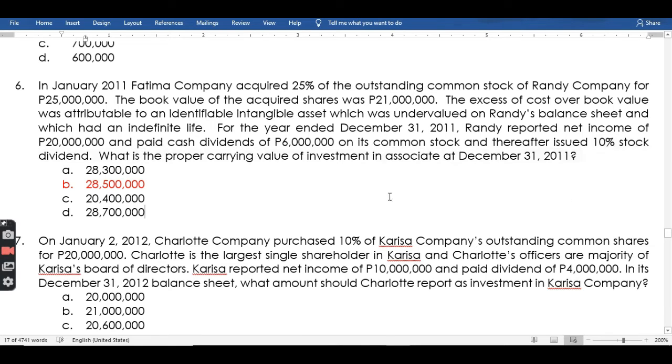Baka iniisip mo, di ba 10% yan sir, di dapat naging 35 na to. Hindi. Kasi kung 10% yan, lahat nabigyan ng 10%. So ibig sabihin, kung ano yung increase ng sayo, yun din yung increase ng ibang shareholder. So babalik ka pa rin sa 25%. So hindi magi-increase yan.